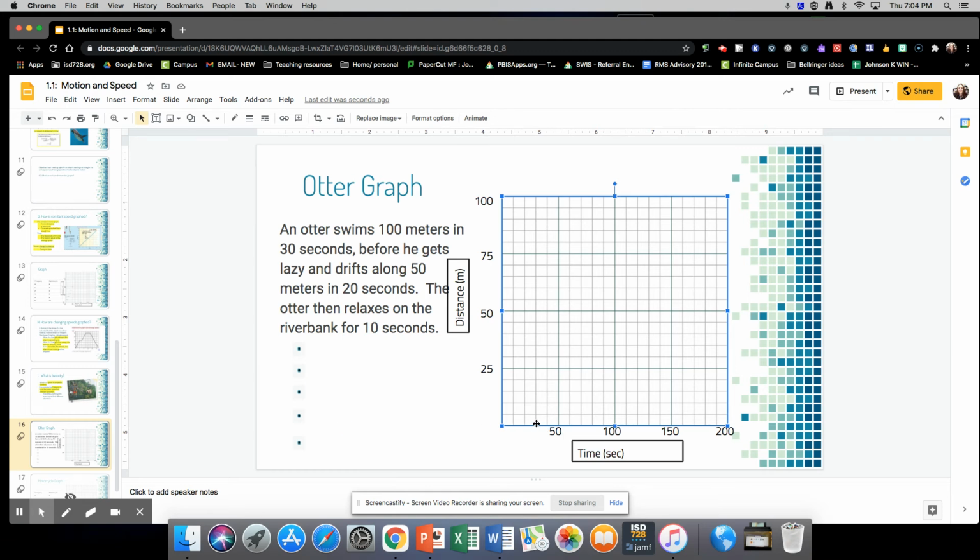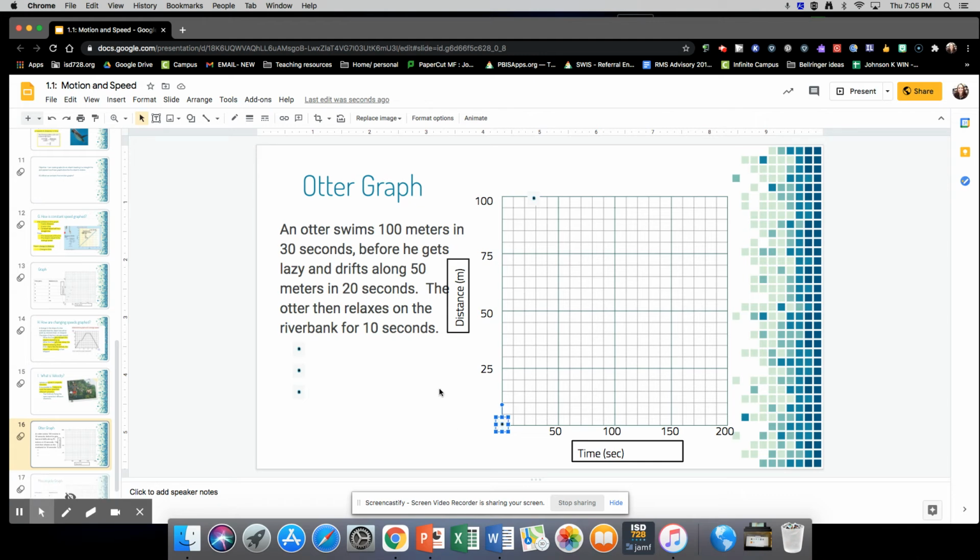We're going to start at 30 seconds, and he went all the way up to 100 meters. Actually, my first dot is going to be my start, so my first dot is actually going to be at 0, 0. So I start at 0, 0.